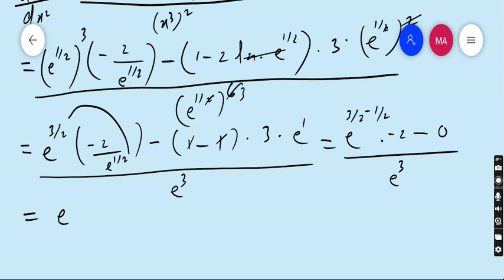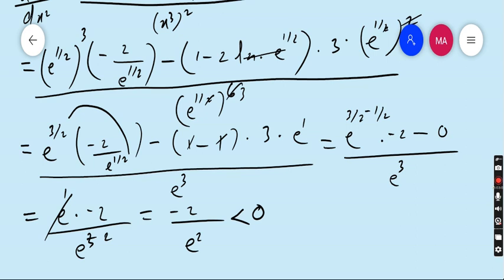So e power 1 into minus 2 upon e power 3, minus 2 upon e power 1 cancel by its square e square, and obviously this should be negative, less than 0.